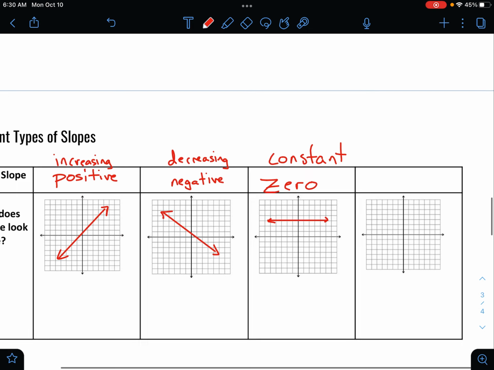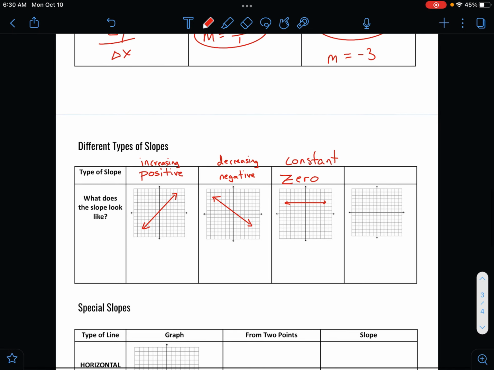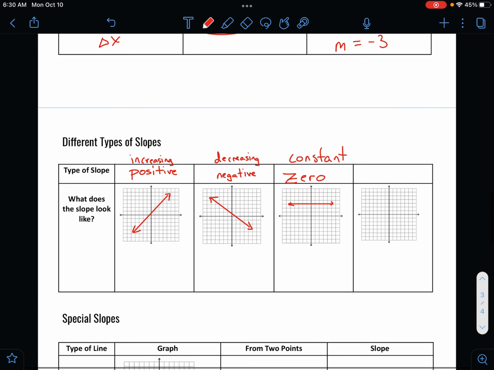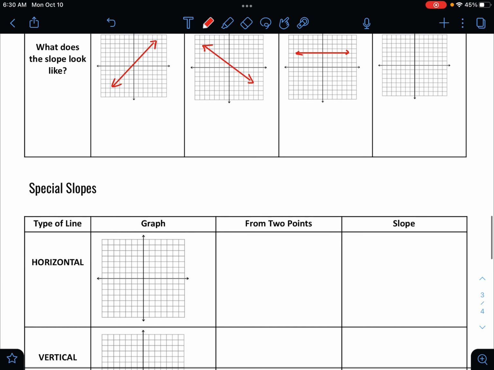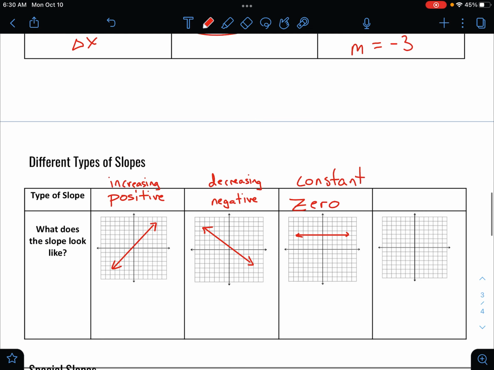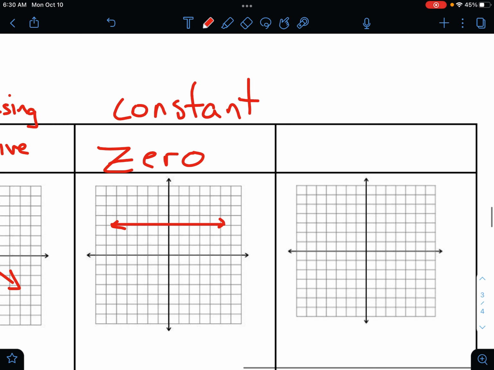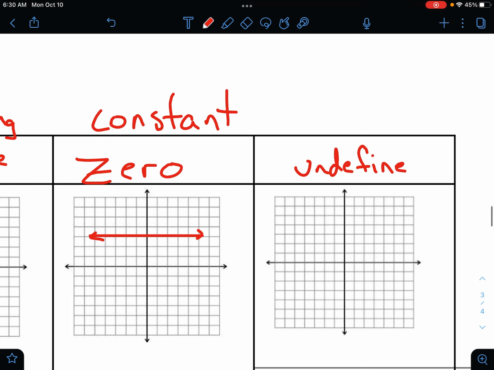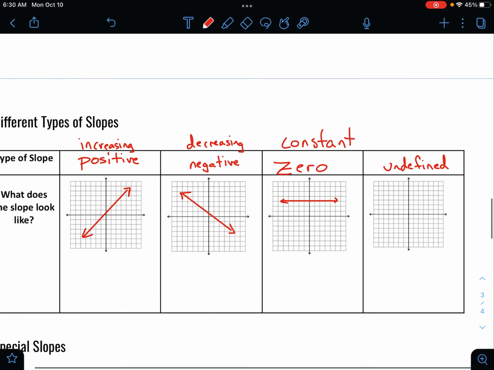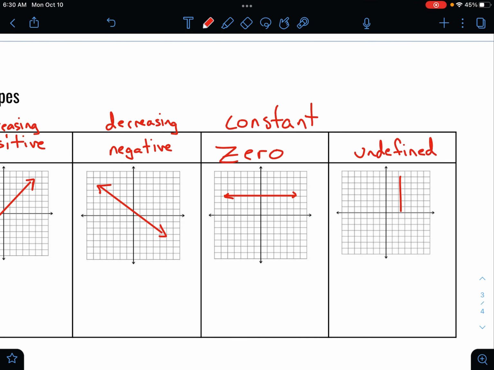And then the last one that we haven't talked necessarily about is the special ones down here, right? Which is a vertical slope, which is called undefined. Okay, and an undefined slope looks like this.